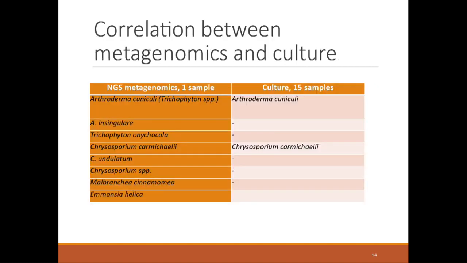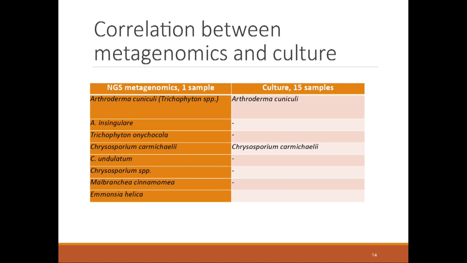So next slide, please. Is there any correlation between metagenomic and cultural results? Well, on the one hand, we were able to isolate the cultures of 2 Onygenalean species, which were also detected by metagenomic sequencing.